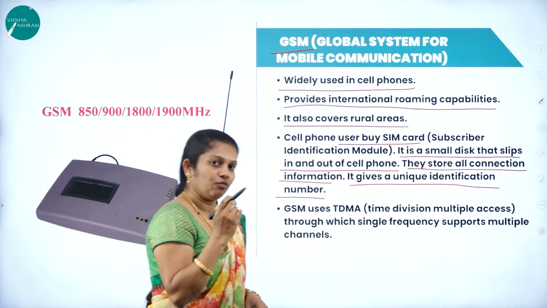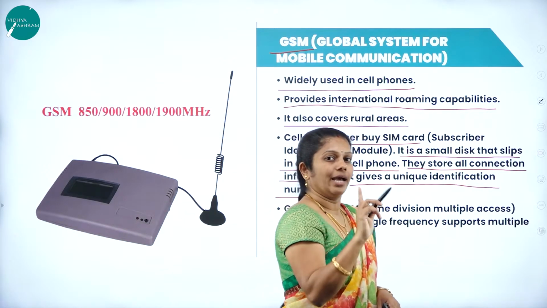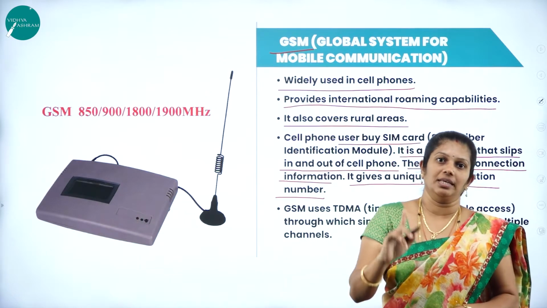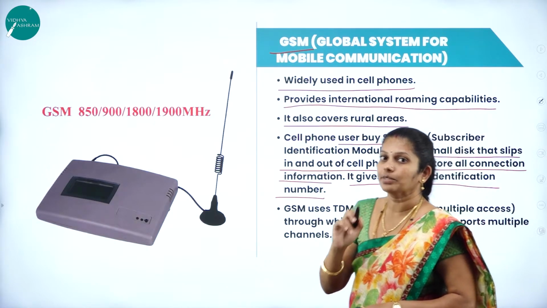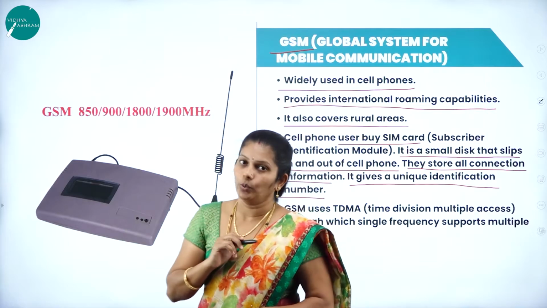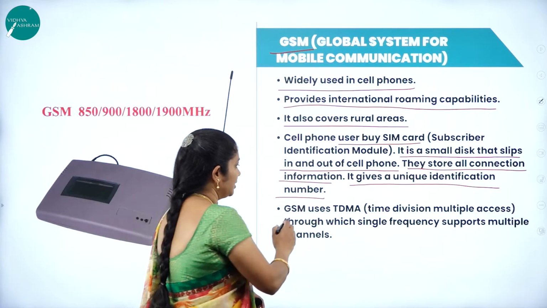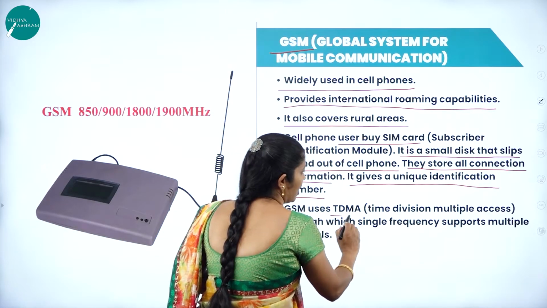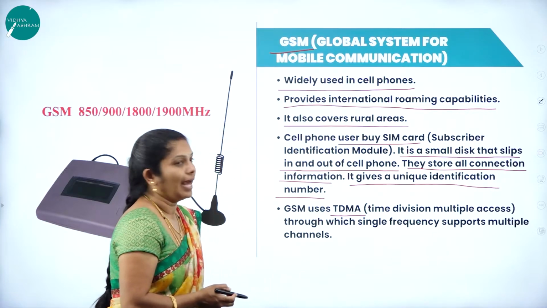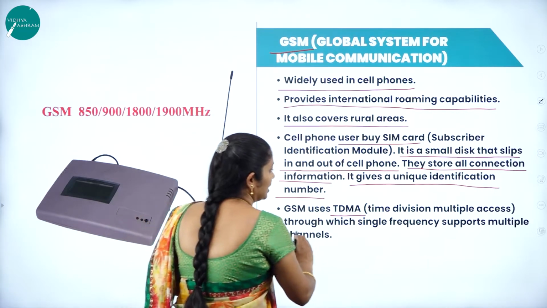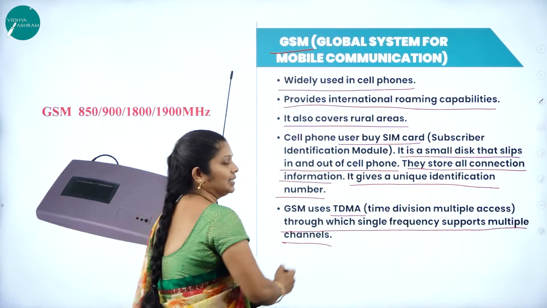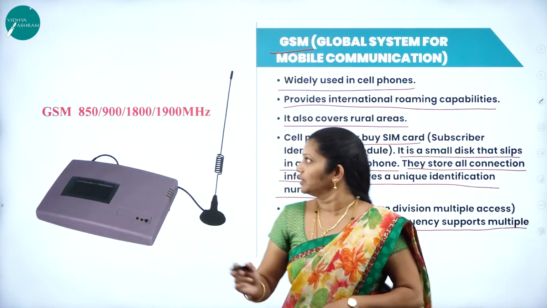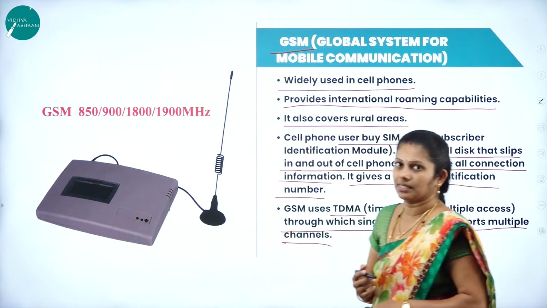If you observe any SIM, it contains particular information, and it can work for that particular number only. Then GSM uses time division multiple access, through which a signal frequency supports multiple channels. If you observe this picture, this is GSM.